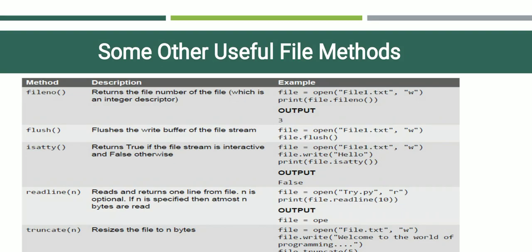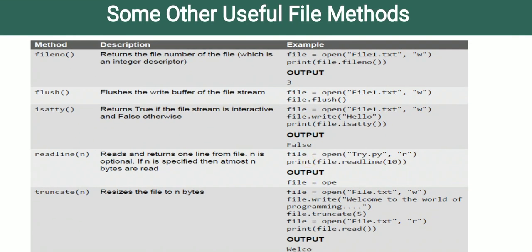File number: it returns the file number of a file. For example, file number means how many files are there sequentially, it will just give us that. Flush means you have to delete the entire write buffer. Next, some extra methods present are isatty, which returns true if the file stream is interactive and false otherwise.